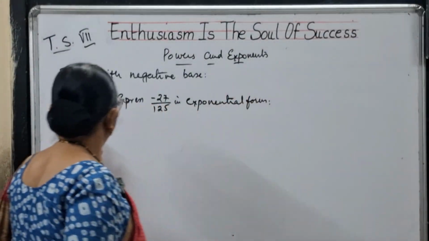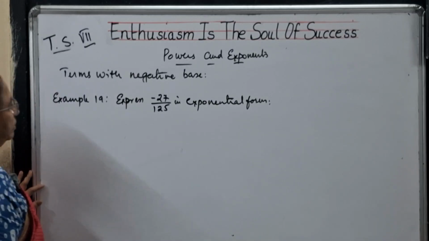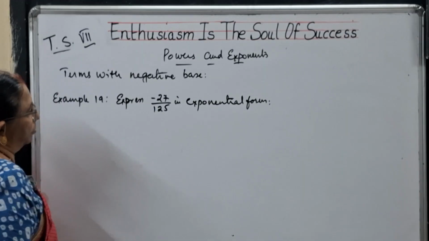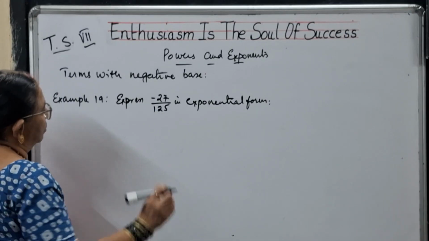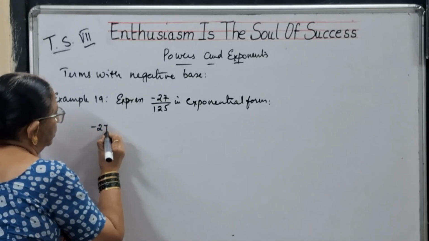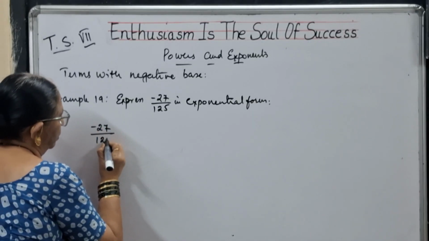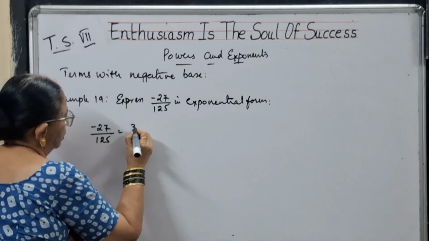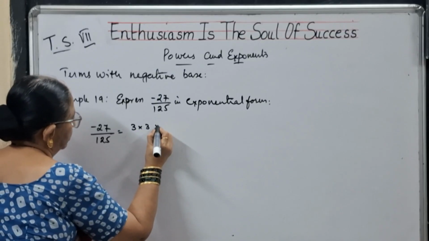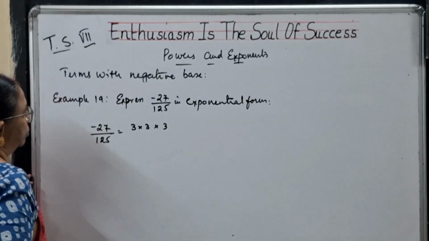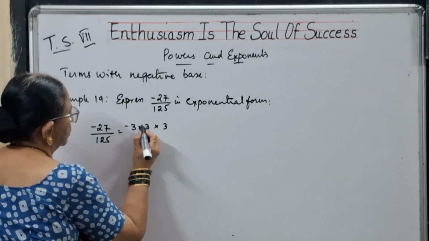Now example 19, express minus 27 by 125 in exponential form. So minus 27 by 125. You will get 27 if you multiply 3 three times. But since you have minus here, you should keep minus.